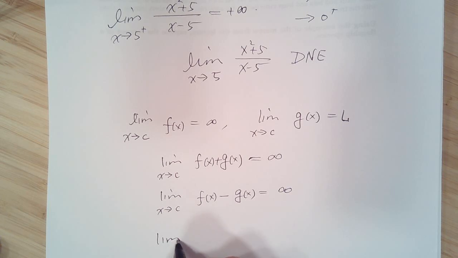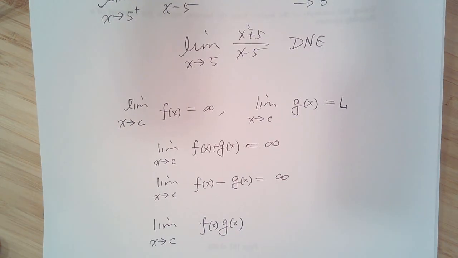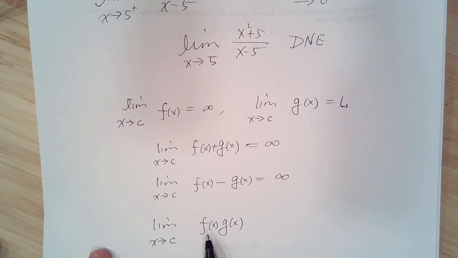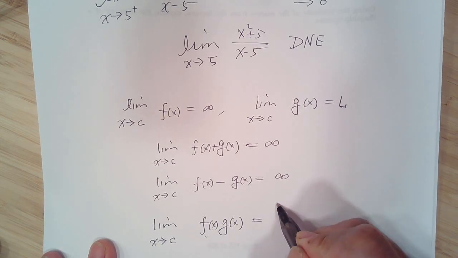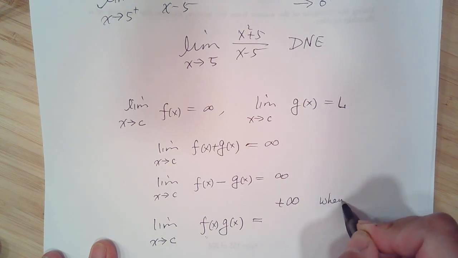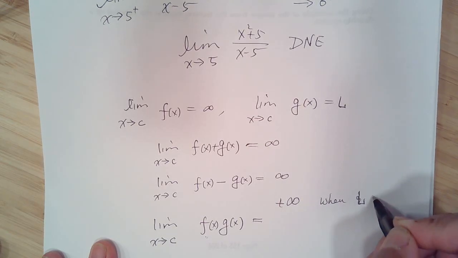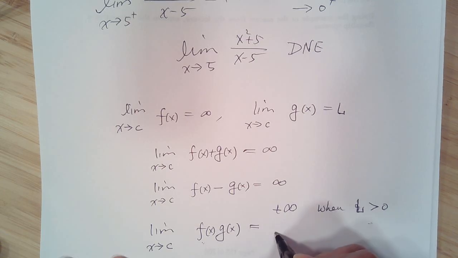So the limit as x approaches c of f of x times g of x. Now, this is an infinity times a fixed number. So that will become positive infinity when L is positive. Okay, so the limit of g is positive, then this product equals positive infinity.